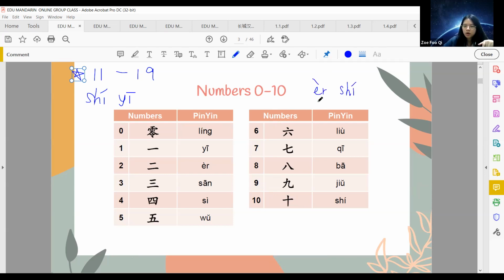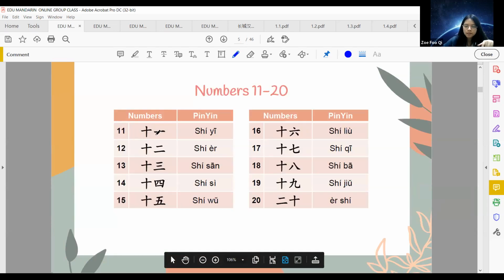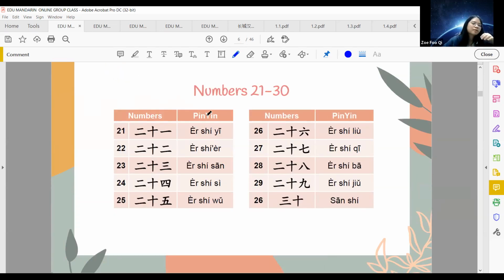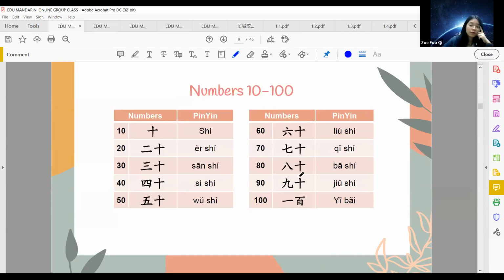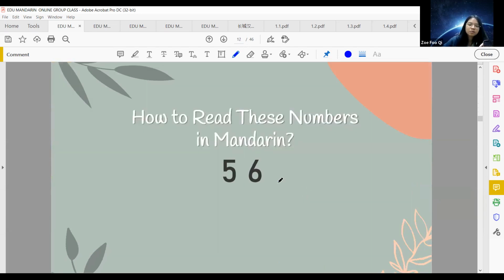So 21, and then you can count until 99. You need to take note of this one. Then 30, and after that will become 百, which is 100. So this will be 15.